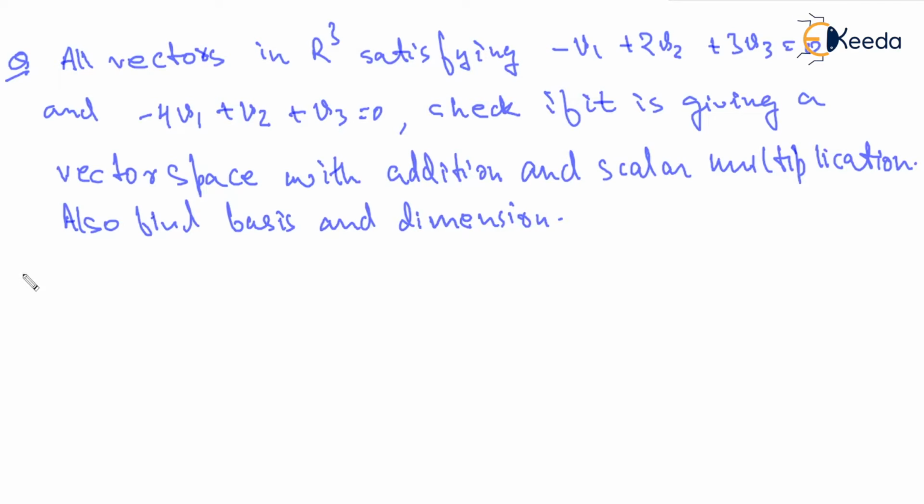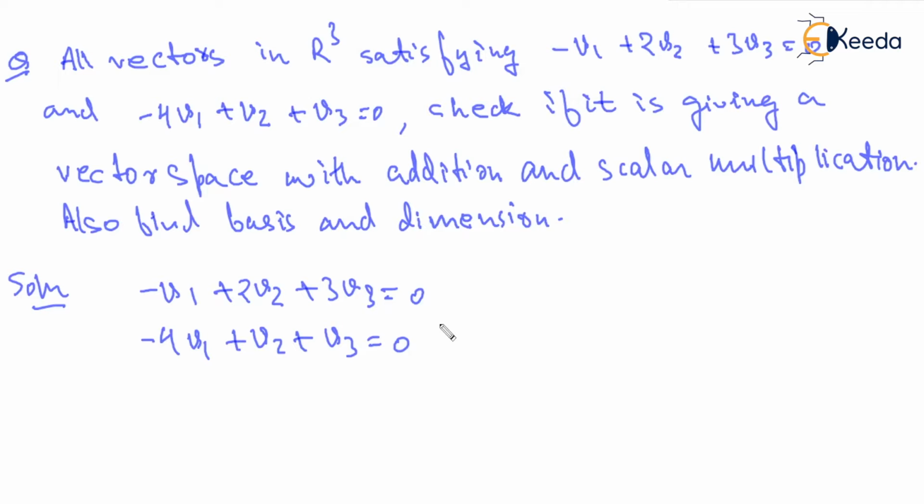Right? So from these equations, the first one is minus v1 plus 2v2 plus 3v3 equal to 0 and minus 4v1 plus v2 plus v3 equal to 0.